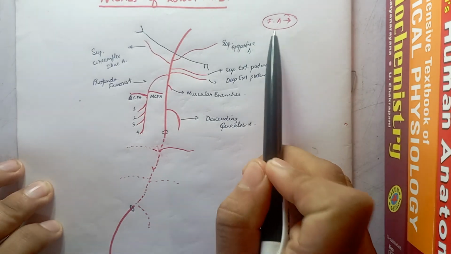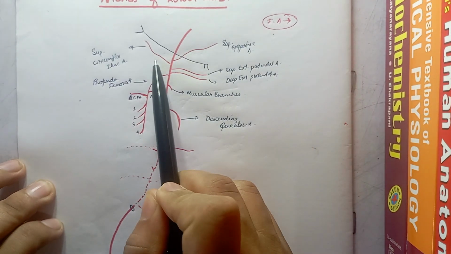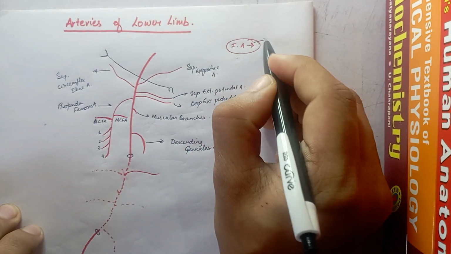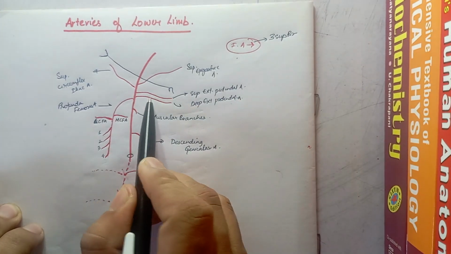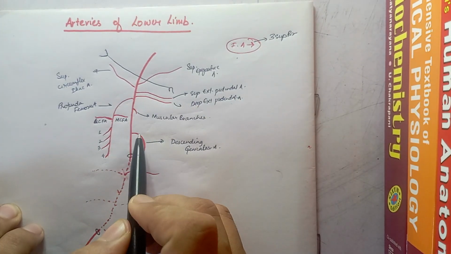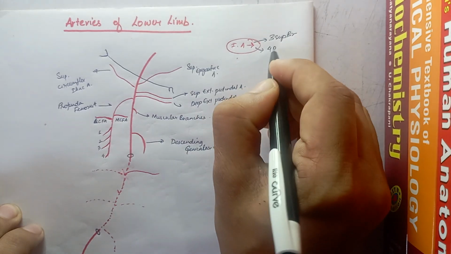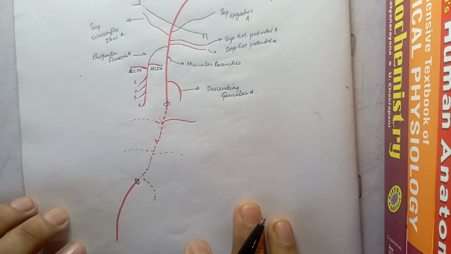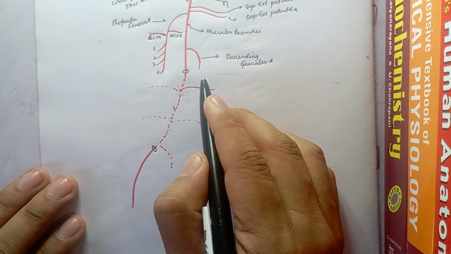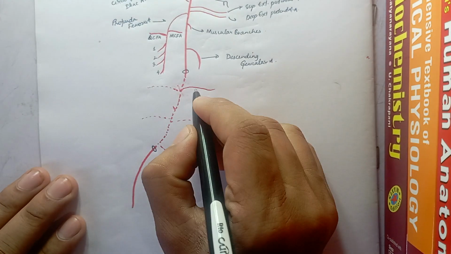The thing I was saying here: the femoral artery will have three superficial branches, and then four deep branches. Now moving on to the popliteal artery.